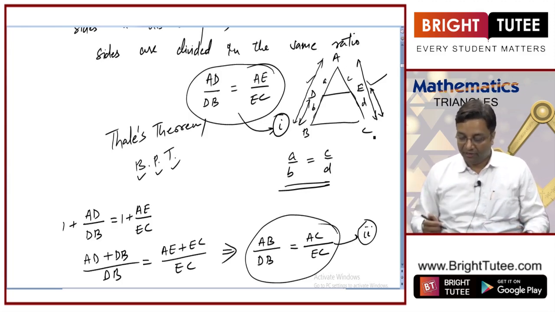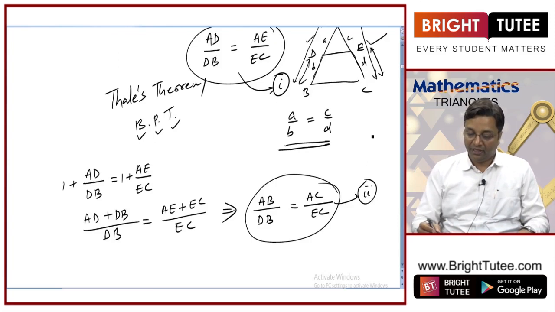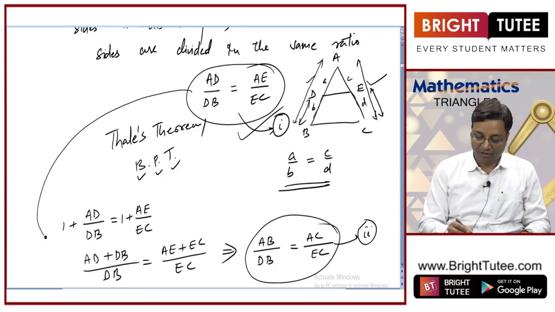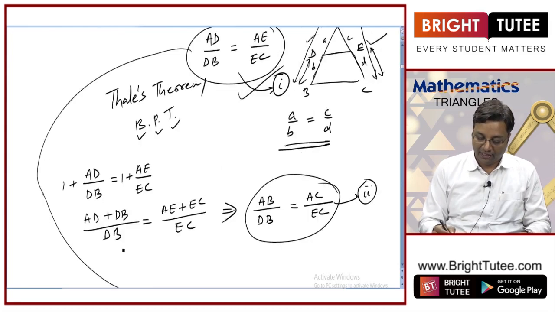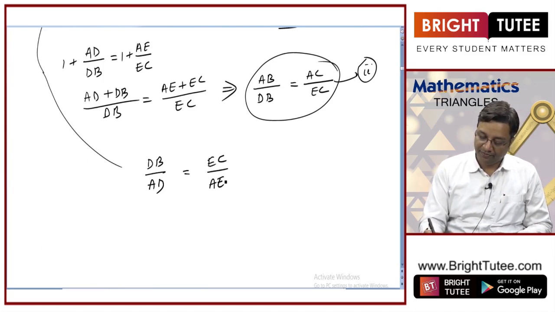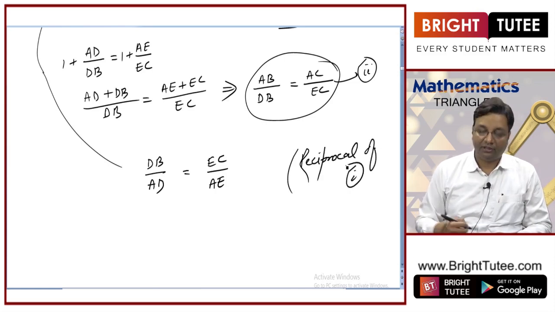Now, another result that we can prove from it is, using this first result, if I write the reciprocals, I can write DB upon AD is equal to EC upon AE. This is just the reciprocal of our first equation on both sides, right.